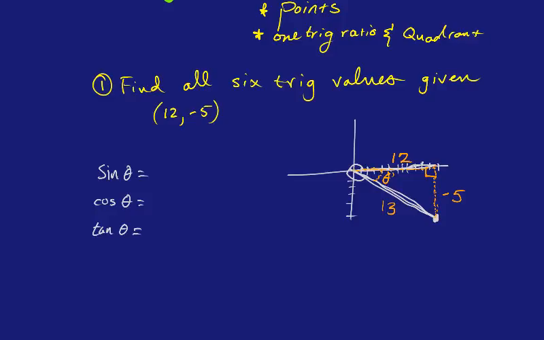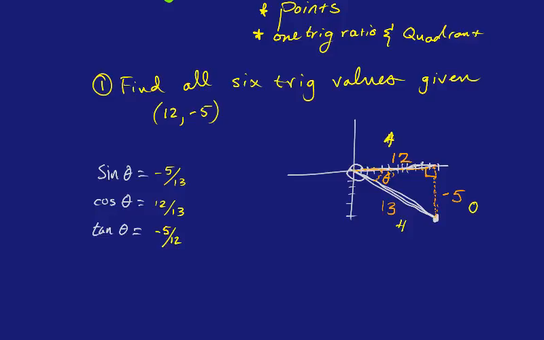So my opposite is -5, my adjacent is 12, and my hypotenuse is 13. So the sine of theta would be -5 over 13. Cosine would be 12 over 13. And tangent would be -5 over 12.